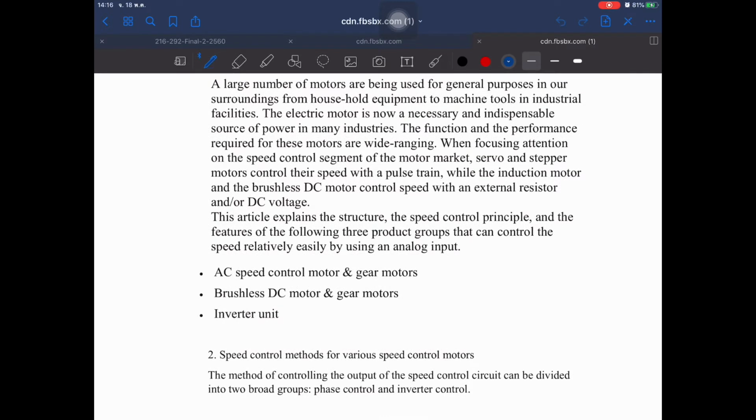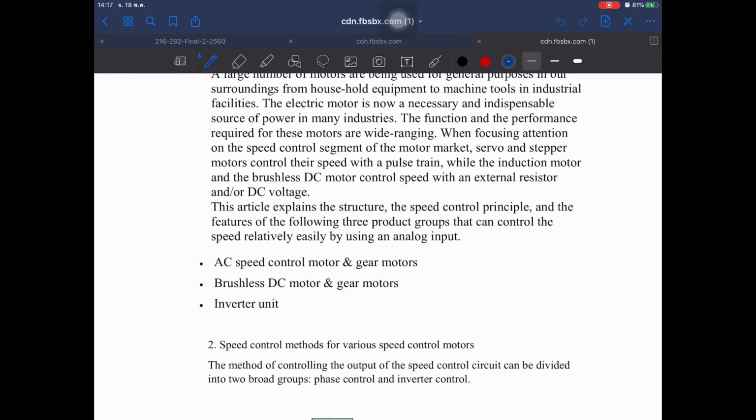This article explains the structure, the speed controller principle, and the future of the following three product groups that can control the speed relatively easily by using an analog input.